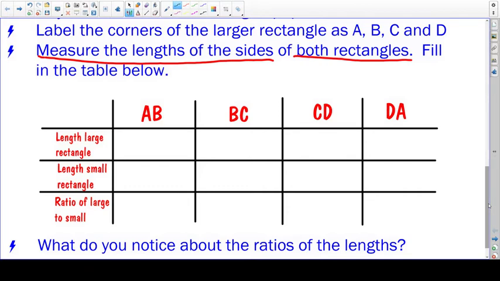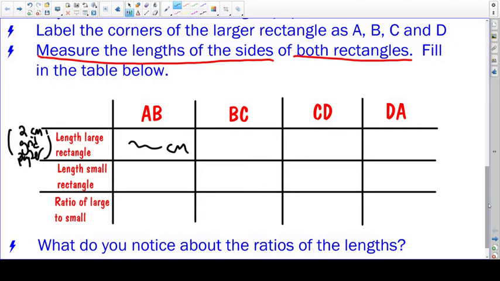The large rectangle should come from the 2 centimeter grid paper. Using your ruler, measure the length of the side AB and write it out here in centimeters.